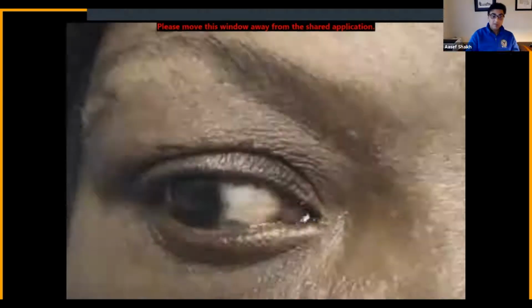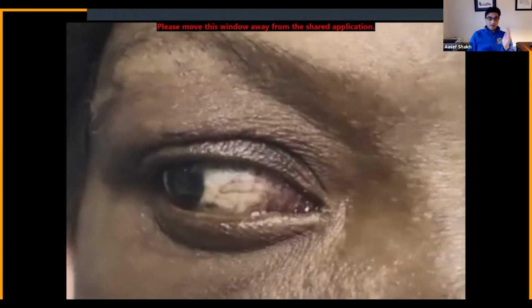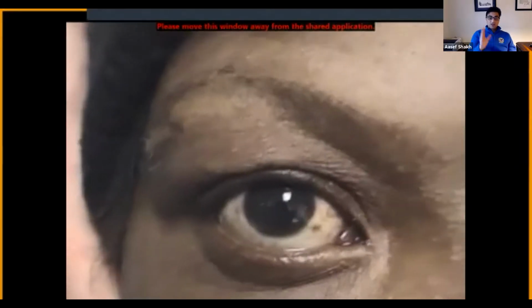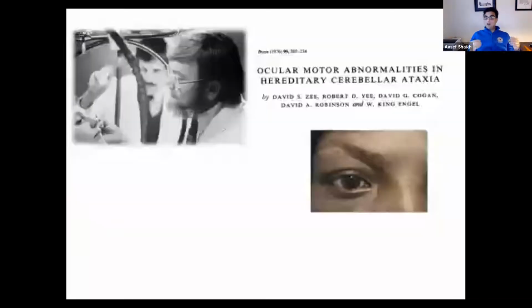For example, in this patient, when she looks to the right, her eyes drift back to the center, and she makes a little correction. These are jerky movements, which are a sign of neural integrator leak. In neurology, we call it gaze-evoked nystagmus.